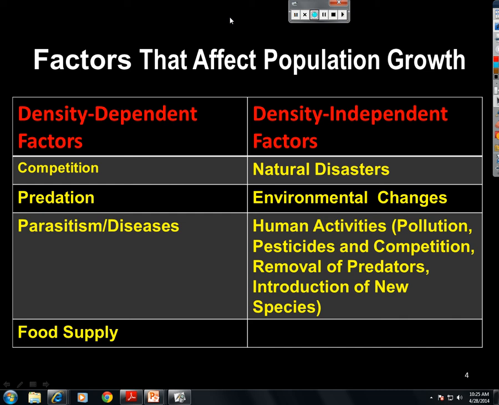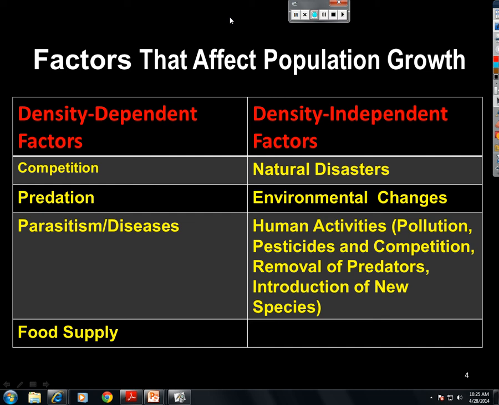Competition, for example, that's density dependent, because if competition is high, that means there are too many organisms competing for food, and so therefore the density of the population is going to play a role in whether that population can successfully grow or not. Predation, the act of predator-prey relationship, is going to be affected by the density of the population, how many there are in that population.